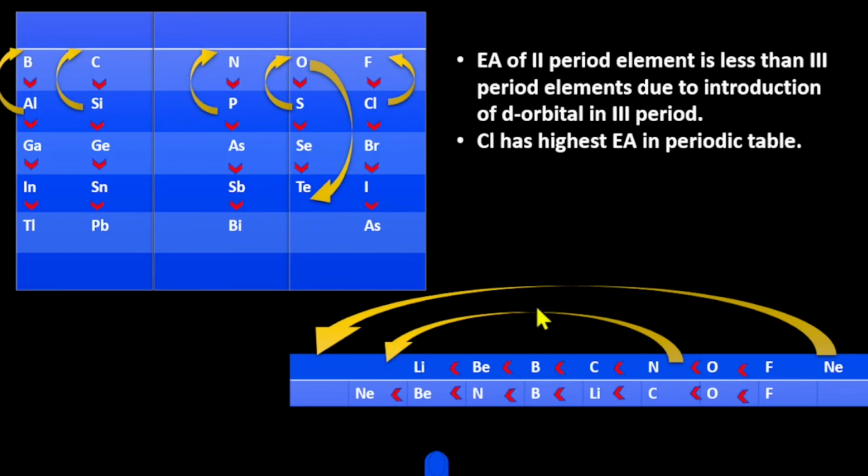This is just to test you whether you are listening to the video carefully or not. If not, then pause the video, go 5 to 10 minutes back, listen again, come here and then try to answer this question: why is the electron affinity of nitrogen very less than carbon, boron and these elements? Why? Answer in the comment box.